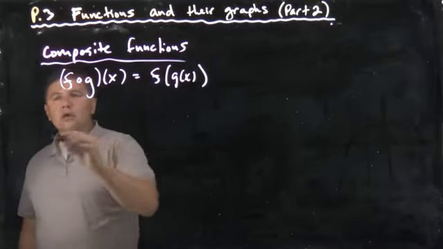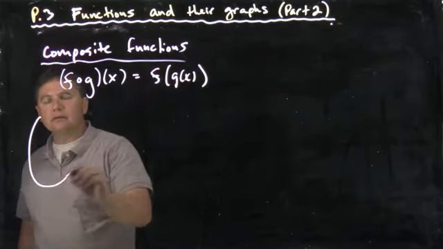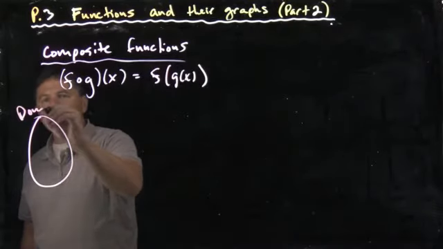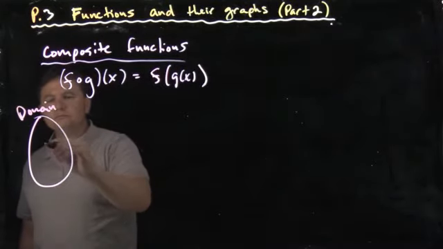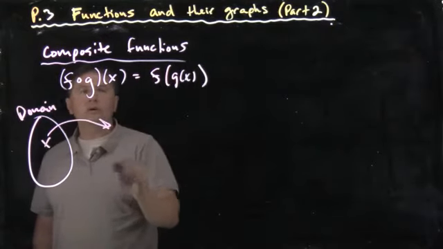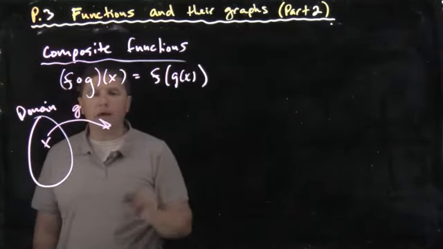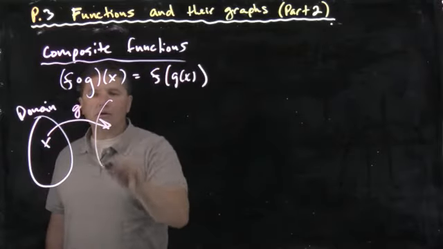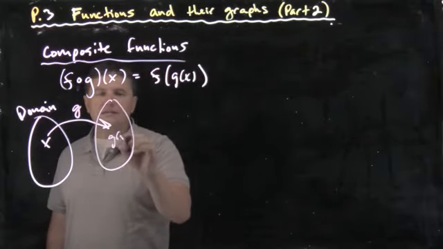we're taking that domain of x values, okay, and we're plugging it into g, okay, and what we're getting over here is g of x.